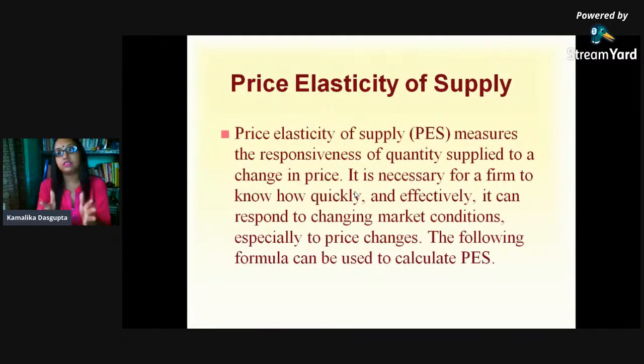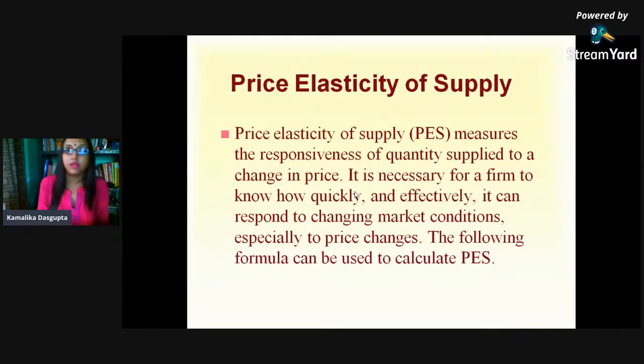But in the case of elasticity of supply, we only have price elasticity of supply, because there are no other things that control the supply of a commodity as much as price. Yes, there are non-price determinants of supply as well, but we don't have an elasticity concept for those determinants. We only have price elasticity of supply. So that is the only kind of elasticity that the supply side has.